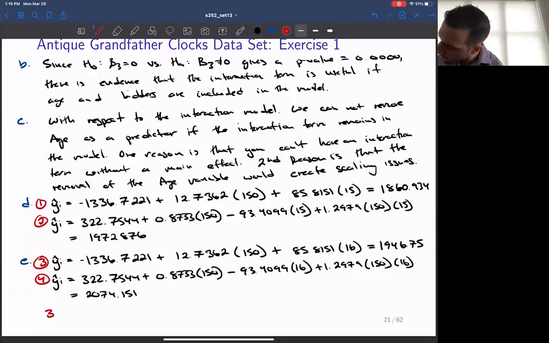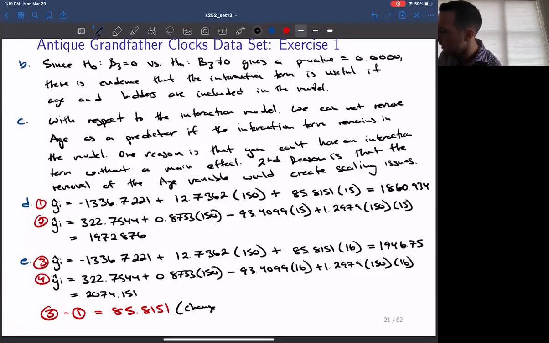So notice how if we take 3 minus 1, we get back roughly the slope of beta 2, right? So what this is showing us is change in bidders equals beta 2 when there's no interaction term in the model.